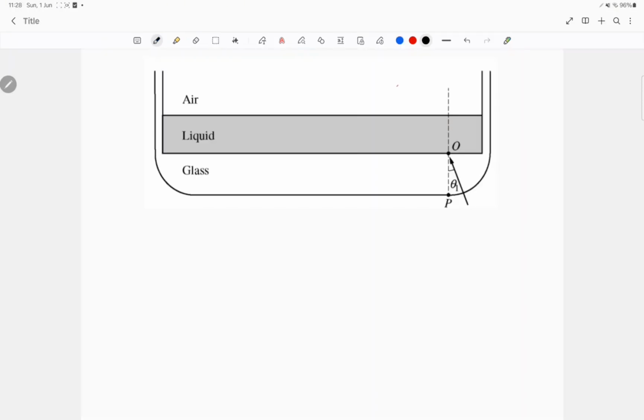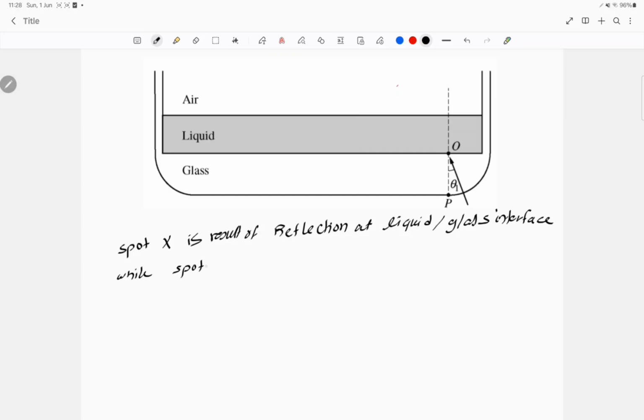So basically, spot X is the result of reflection at the liquid glass interface, while spot Y is due to a number of things.